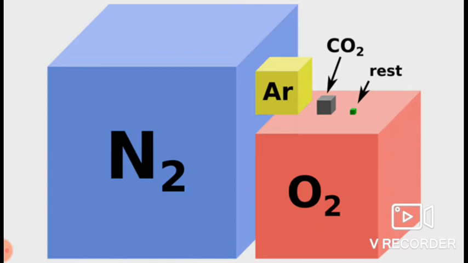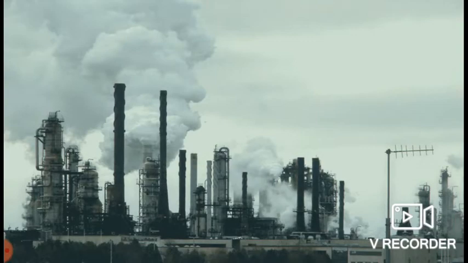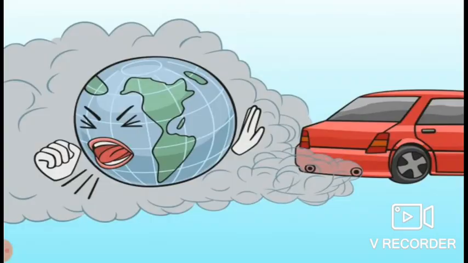Thus, there are several gases present in air. In other words, air is a mixture of a number of gases. The burning that takes place in factories, vehicles, stoves in kitchen, etc. gives out smoke. This smoke too mixes with the air around us.